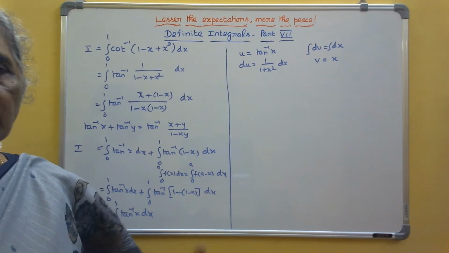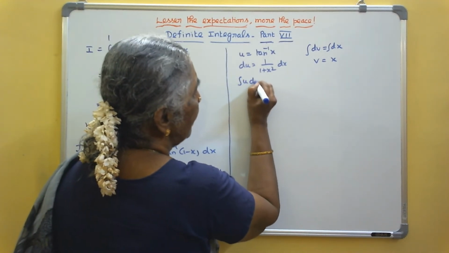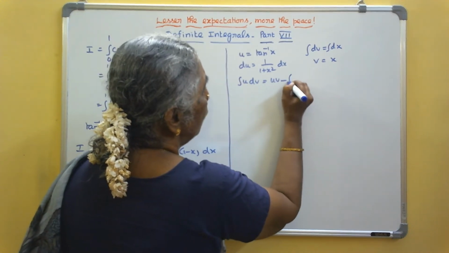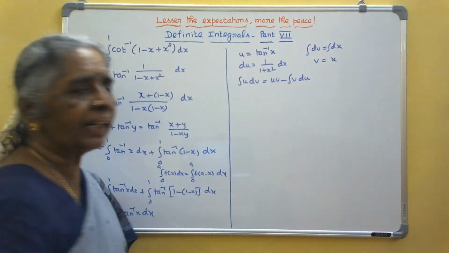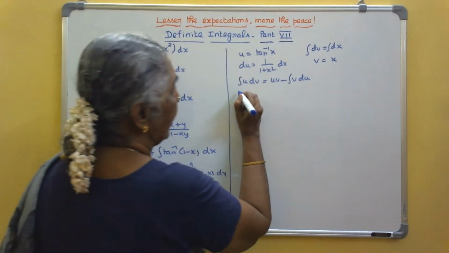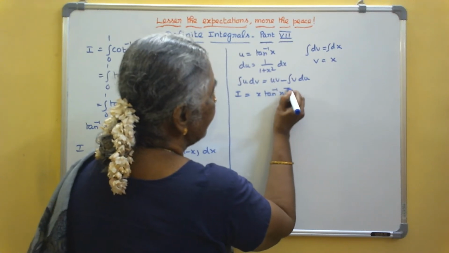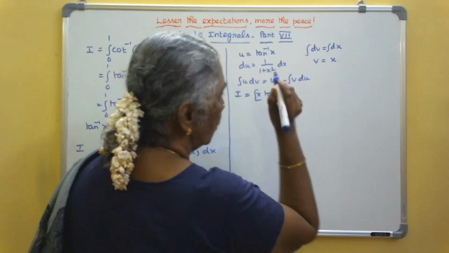What is the formula for integration by parts? Integral u dv is equal to uv minus integral v du. So let us write I. Then uv is x tan inverse x within the limits 0 to 1.